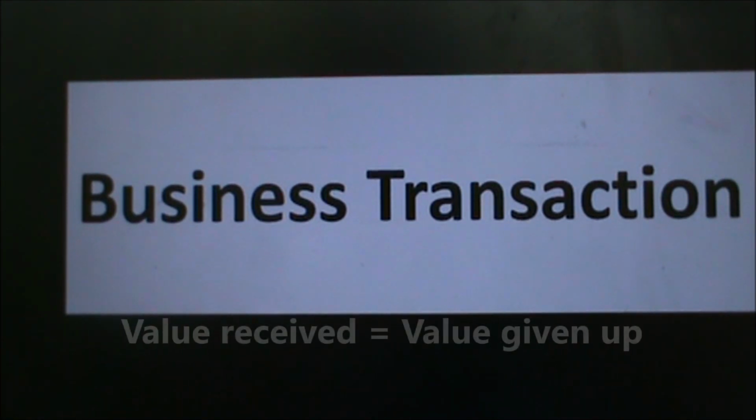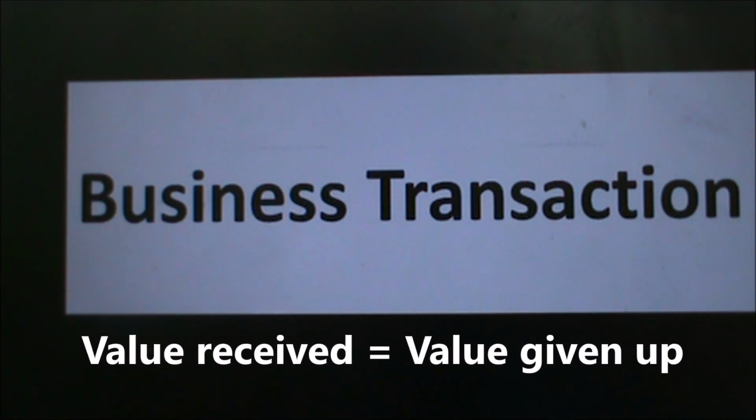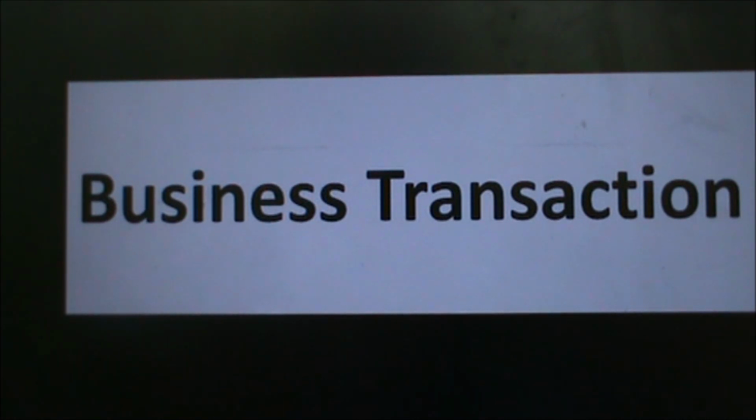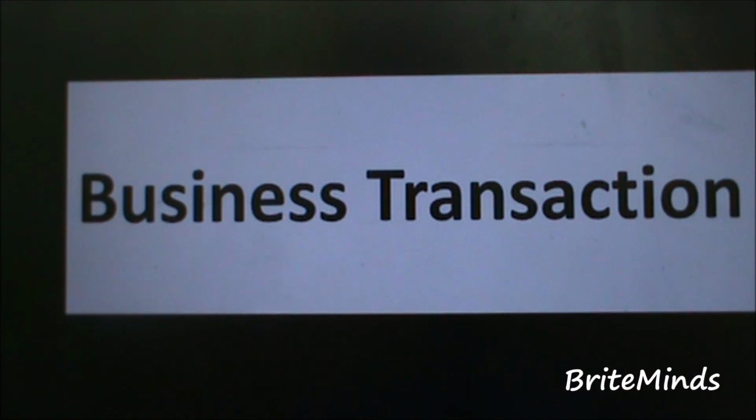So in short, in business there are two values involved in transactions: the value received and the value given up or parted with. When we speak of value, it means anything susceptible of pecuniary estimation. Value can represent money, property, service, or rights.